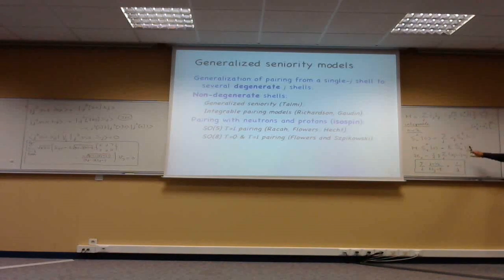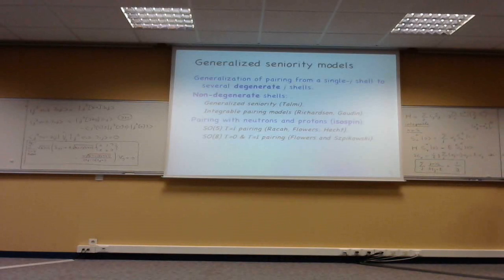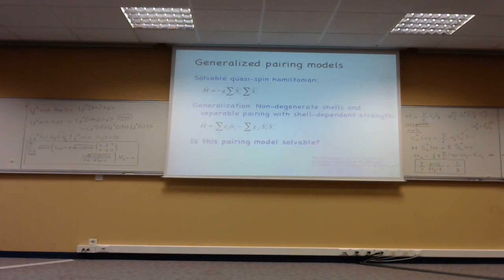G is the strength of my interaction. In nuclear physics this will be a positive number, so it's an attractive pairing interaction, and the epsilon j's are the single particle energies. You have to solve this equation, and you can do this graphically.